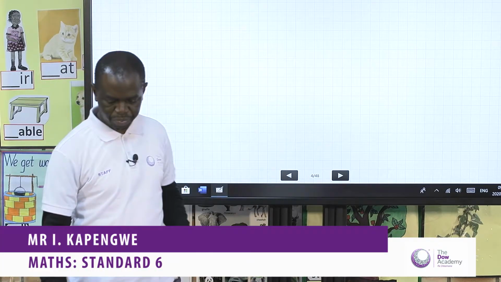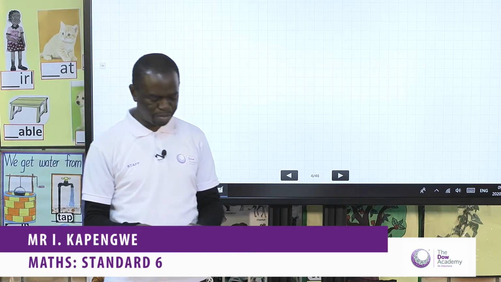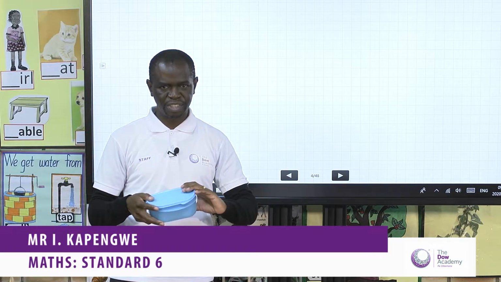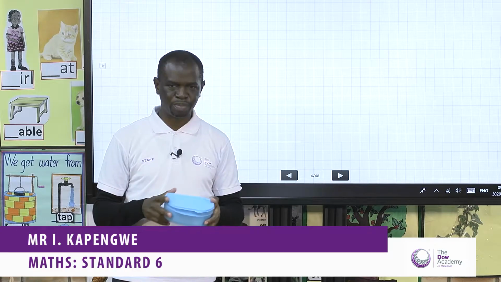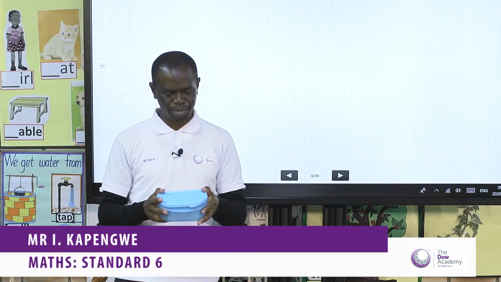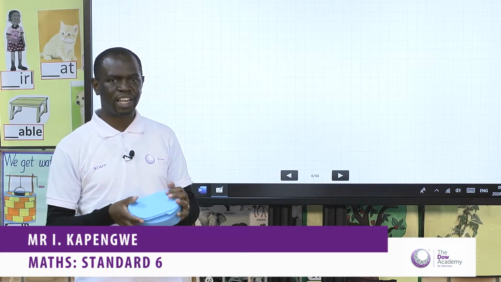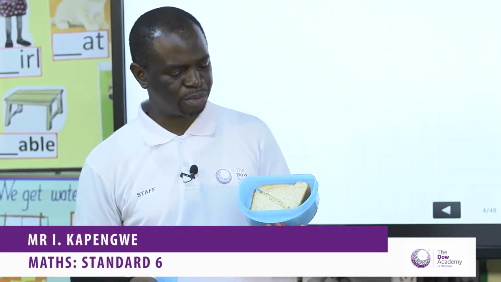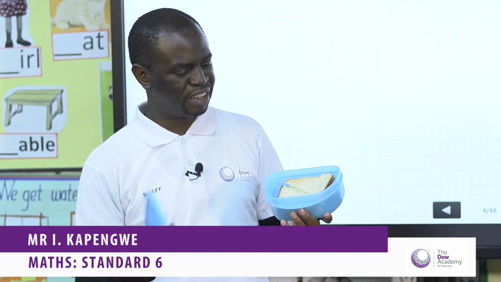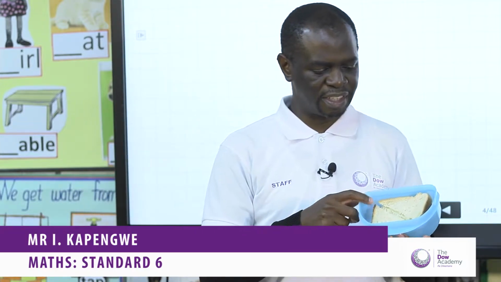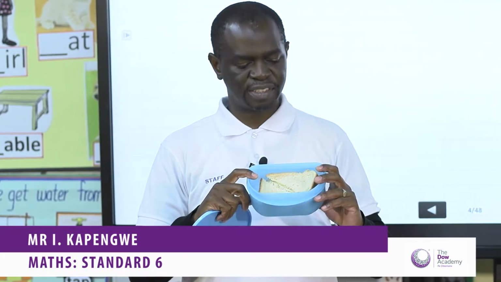And then I also want to show you something else. Break time is interesting, and I know most of you pack your food when you go to school. But look here, I have a lunch tin. And in this lunch tin, which everybody wants to open, people can eat the food that is in there. As you can see, I have a sandwich.